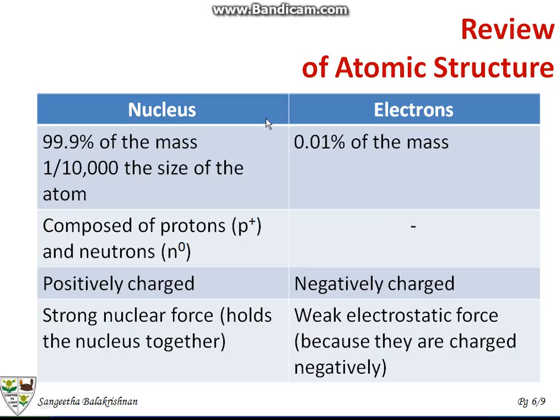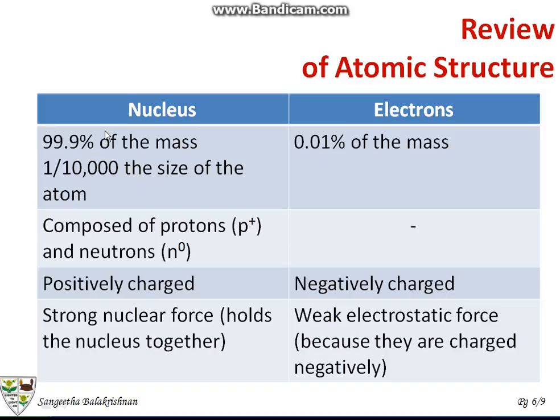So very quickly, a recap of what we know about the nucleus and the electrons. The nucleus constitutes about 99.9% of the mass of the atom, and interestingly it is only about 1 by 10,000 the size of the atom. Like we just discussed, the nucleus is positively charged because of the protons that are held there, and the electrons, like we all know, are negatively charged.